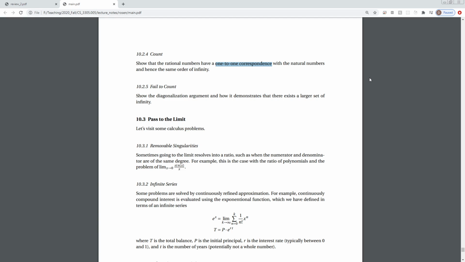And so the way that you show that infinite sets have the same sized infinity is by creating that one-to-one correspondence. So even though it doesn't seem like it, if you consider the rational numbers, think about every positive integer. So if you divide 1 by all of those positive integers, the infinite set of positive integers, then you get some number that's between 0 and 1.